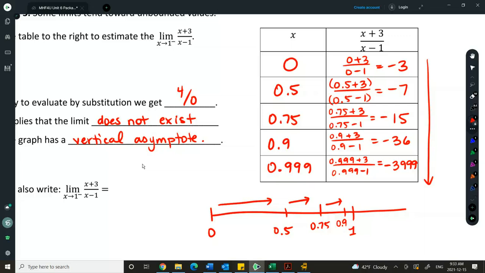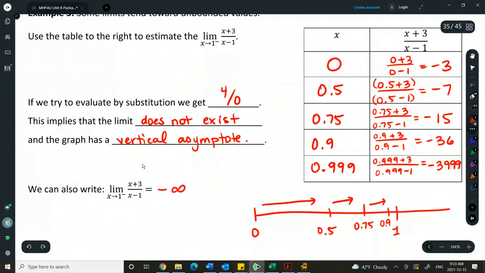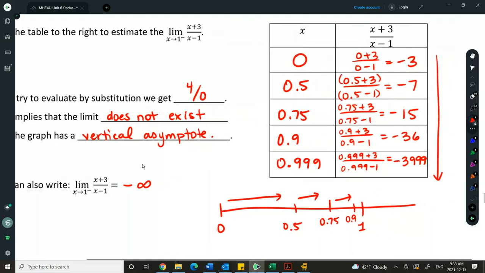So I'll just keep getting a bigger and bigger negative number. So I can probably conclude that as my graph approaches the asymptote, this left side is going down toward negative infinity. The right side is going to go up toward positive infinity, because we have that hyperbolic shape where we have the asymptotes and the two curves that are diagonal from one another. So I will say negative infinity.